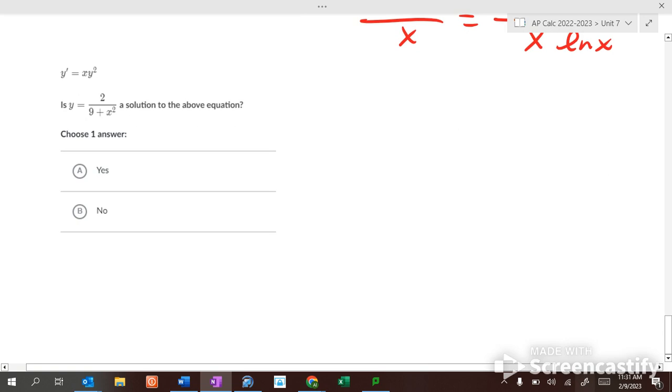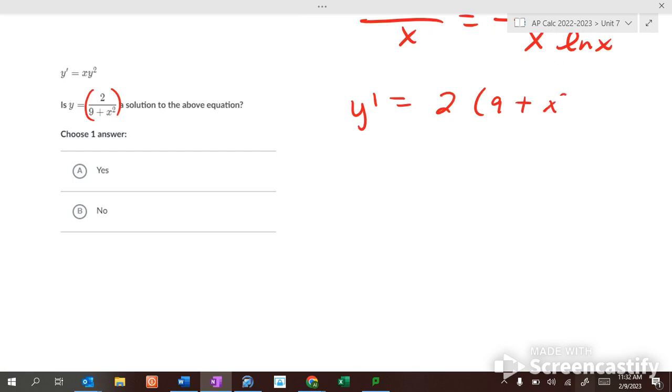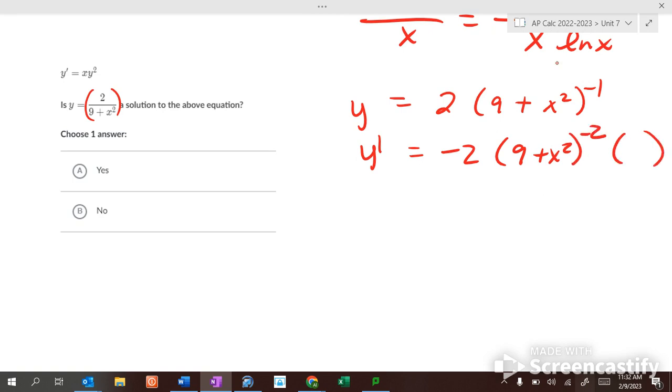Okay. All right. So this one, take the first derivative of this. So what's y prime going to be? Well, it's 2 times 9 plus x squared to the negative first, right? That's what y is. So y prime equals negative 2 times 9 plus x squared to the negative second times the first derivative of the inside, which is 2x.